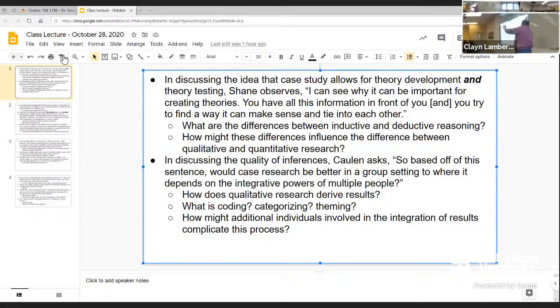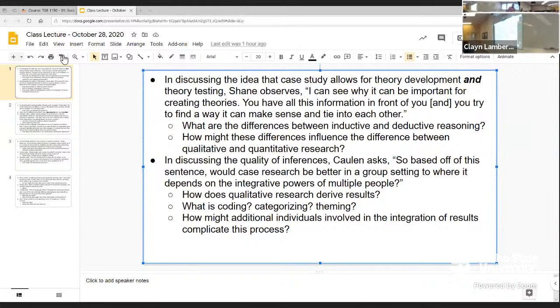And so Colin's saying that if we're talking about the quality of inferences, doesn't it make sense that case study research would be better in a group than with an individual? Okay, so let's take a look at that argument. Why might it be better in a group?